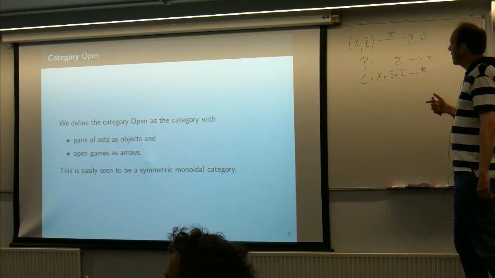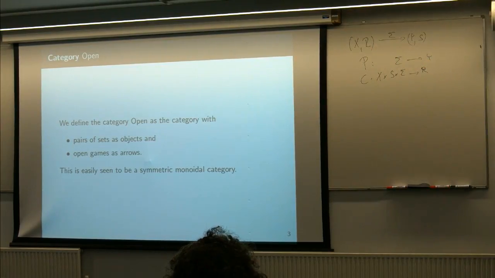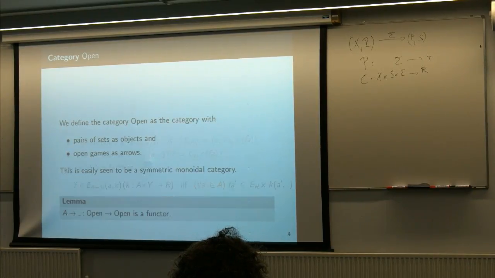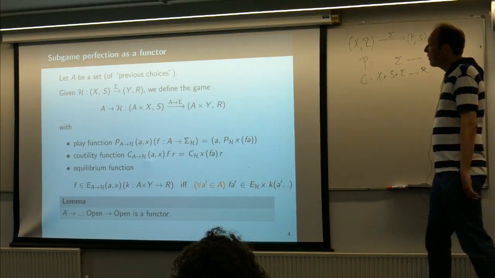So I also have to say that this kind of error won't take much space in this talk, but I wanted to mention it because there's one construction which we're going to use in a second. So this is the category, and on this category we can define a functor. And what does this functor do?